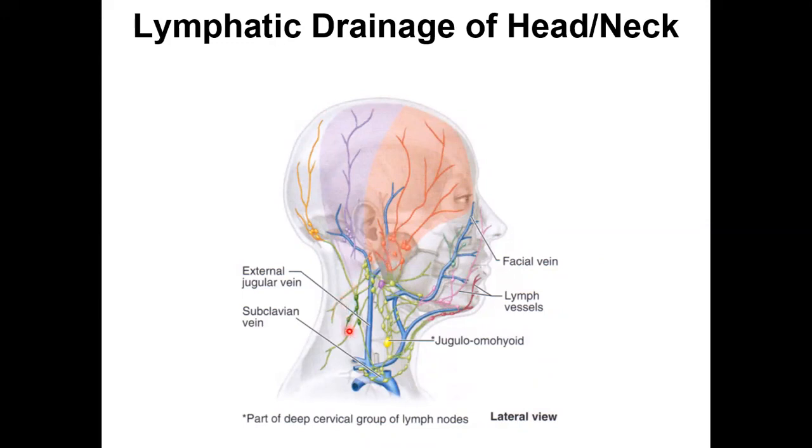And some of these lymph nodes, you'll notice a lot of the pathways will converge there. Jugulo-omohyoid is an example of that, how you have a lot of different pathways that are going to end up draining into jugulo-omohyoid, which will then drain more directly into the venous system.